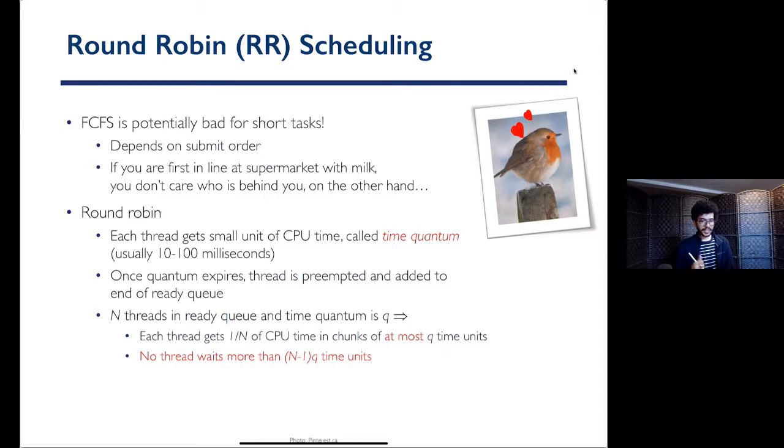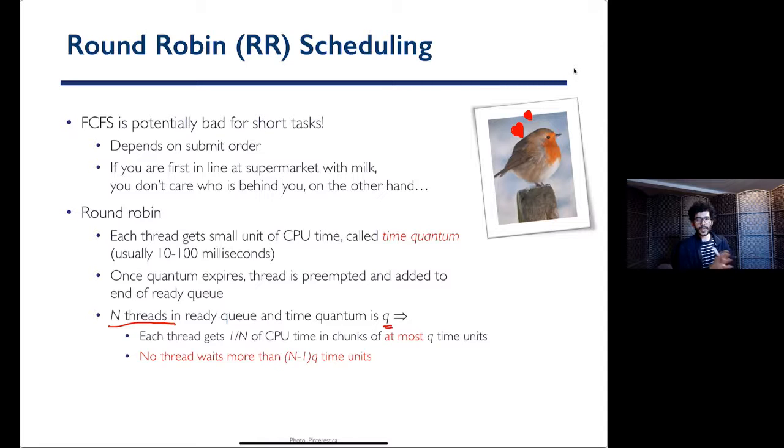Now this guarantees that if you have n threads in your queue and the length of your time quantum is q, then each task is guaranteed to have a wait time that is less than n-1 times q.